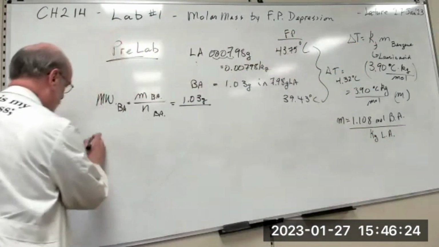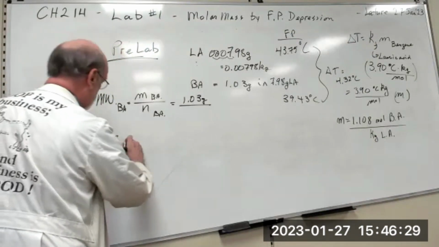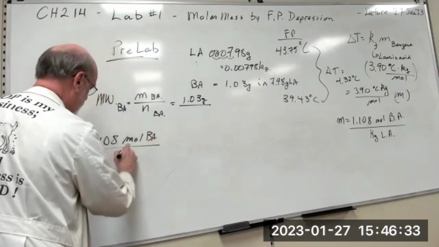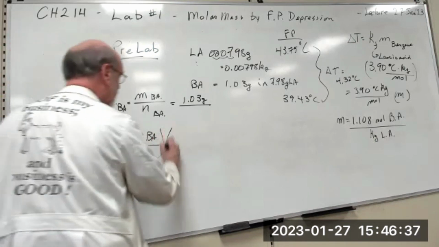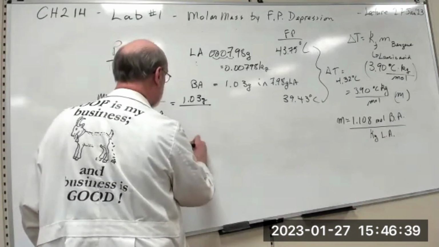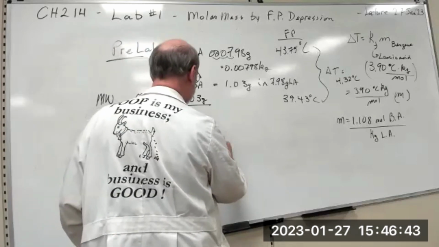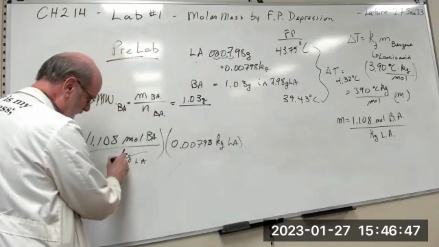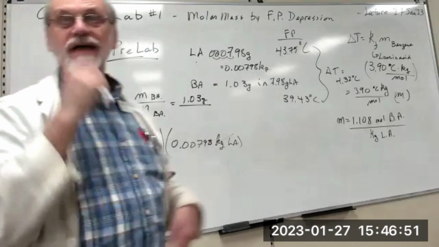Right? 1.108 moles of benzoic acid per kilogram of lauric acid times 0.00798 kilograms of lauric acid. That cancels kilograms here, kilograms here. That times that is the moles of benzoic acid.